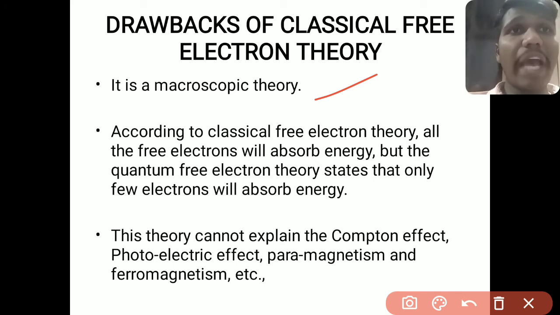So it is a macroscopic theory, where big-sized elements are used, which is an important drawback. And the second one: according to classical free electron theory, all the free electrons will absorb energy, but the quantum free electron theory states that only a few electrons will absorb energy, which is the failure of the free electron theory.